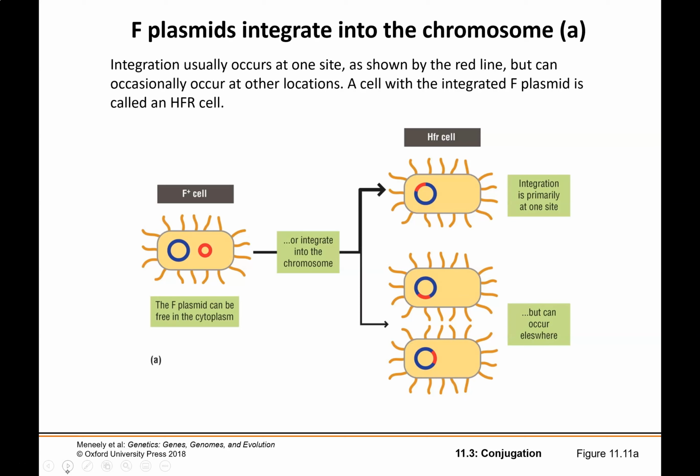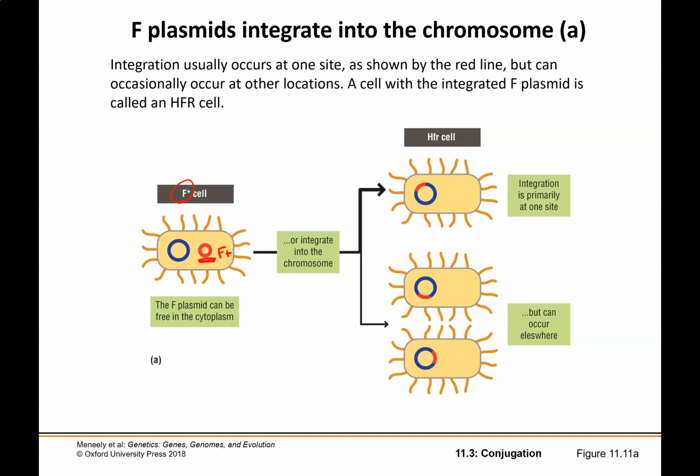Sometimes this fertility factor can actually be integrated into the genomic DNA of the cell. These plasmids that encode that fertility factor are called F plasmids, and they can actually integrate into the genome. Now remember, in our last video we talked about how integration occurs.